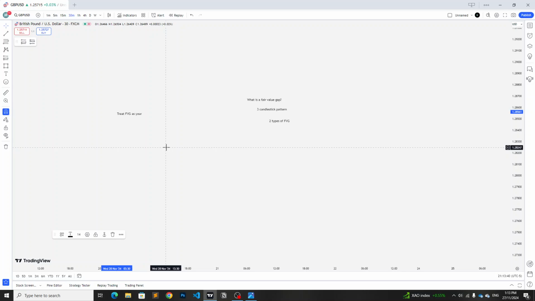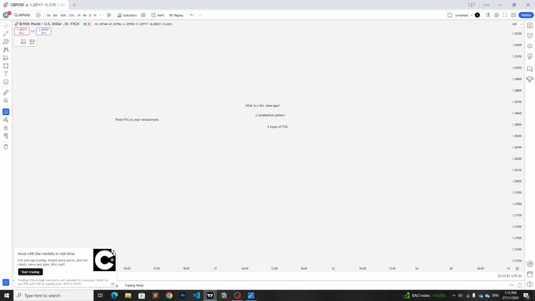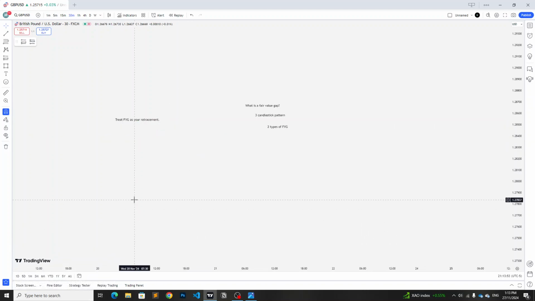You can treat fair value gap as your retracement. Whenever the price moves up or down in a big way, there are so many gaps created. So that's the main imbalance, and the price comes back to this area again to fill out the void that's caused in the market.